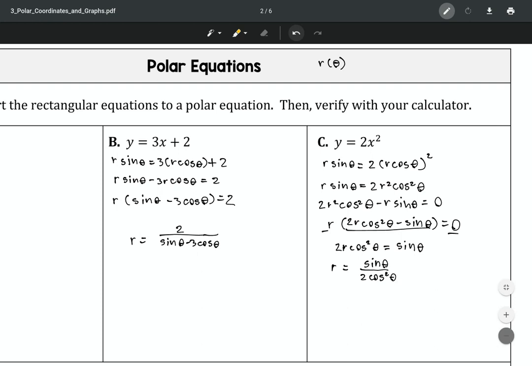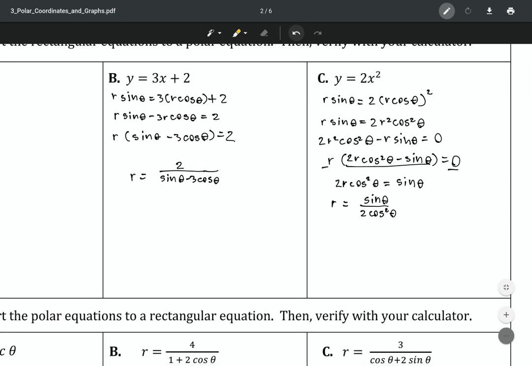And you could have stopped there, but say we have multiple choice and you didn't see an answer like this, we could split that up into sine theta, with a 1/2 out here, over cosine theta times 1 over cosine. So this would be r is equal to 1/2 tangent secant.